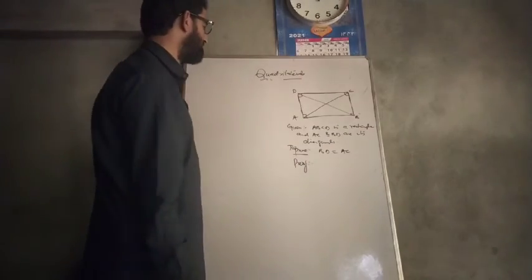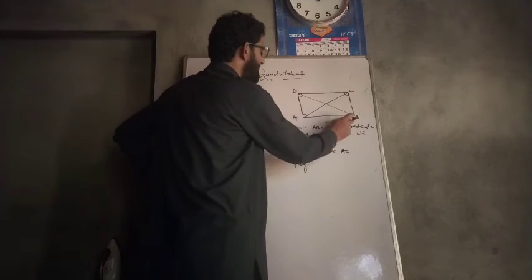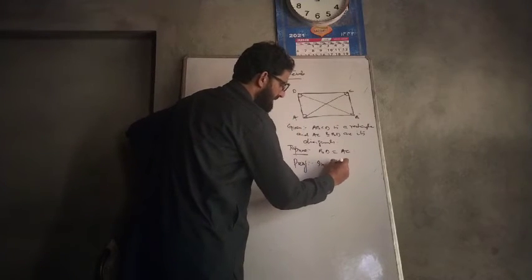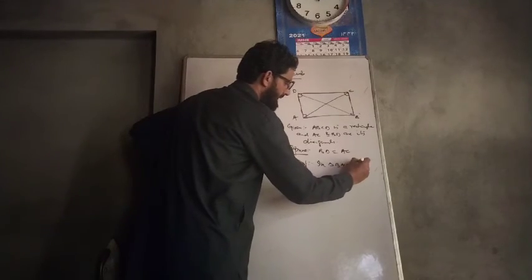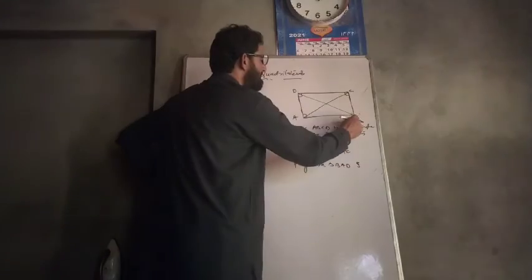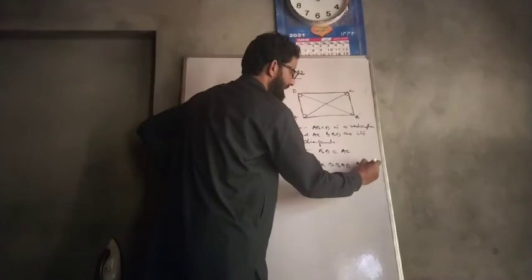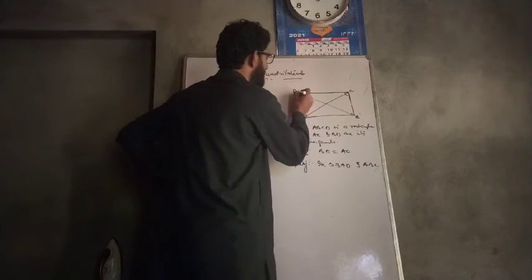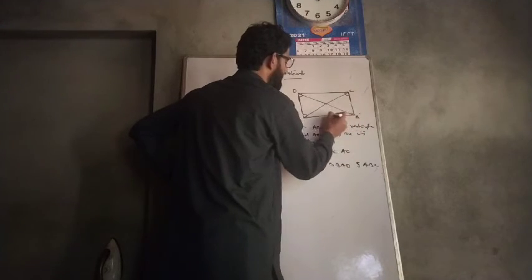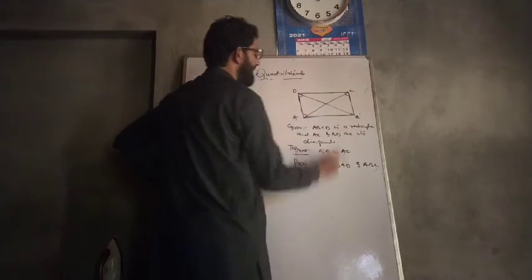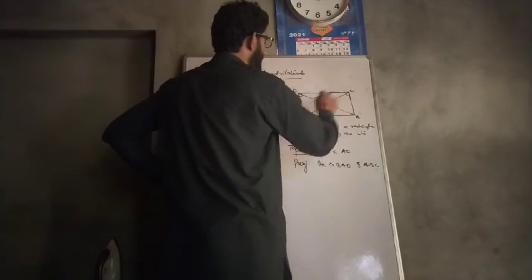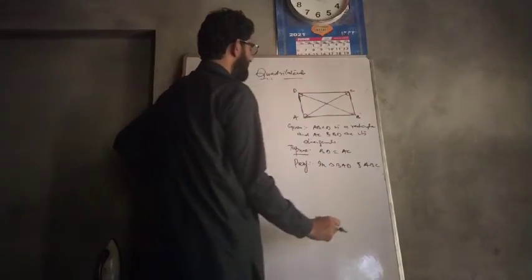Let's take triangle BAD and triangle ABC. These two triangles. You see one side is common in these two triangles. BAD is one triangle and ABC is another triangle.